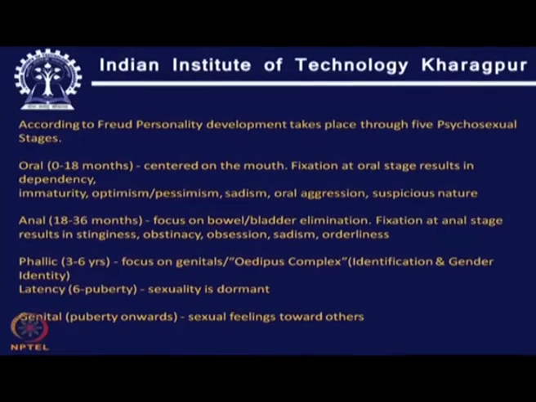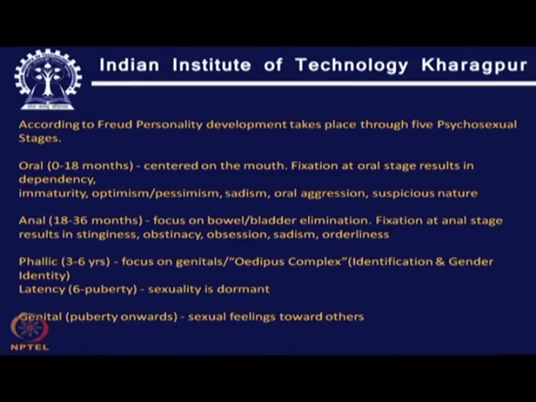The oral stage of personality development starts from 0 to 18 months, and it is centered on the mouth. So, fixation at this oral stage means, fixation means due to certain deprivation at this stage.